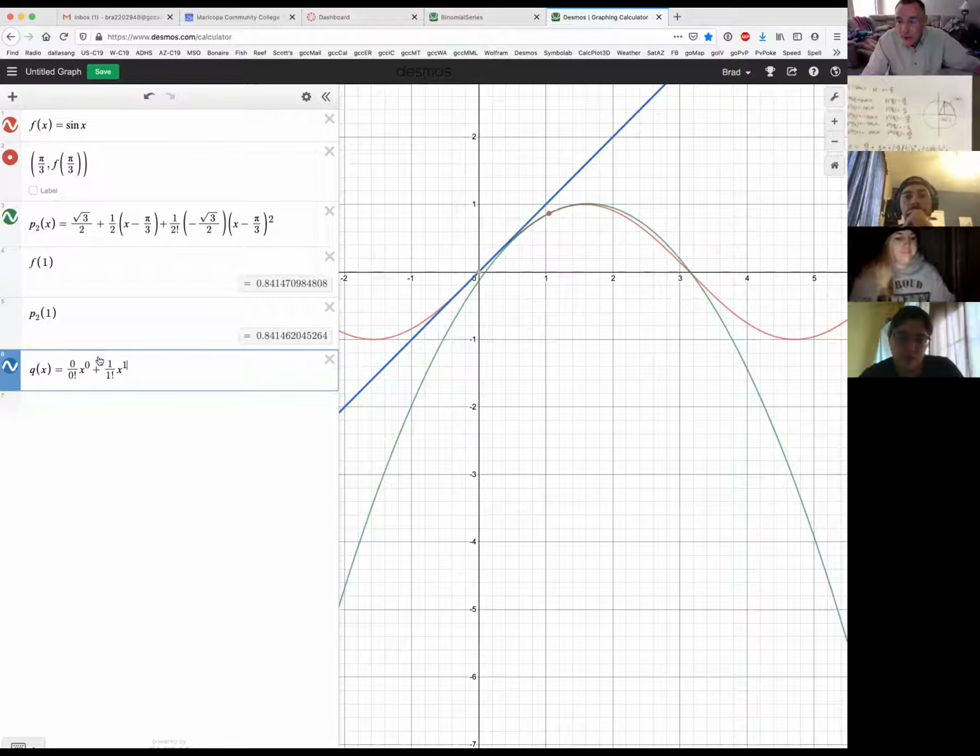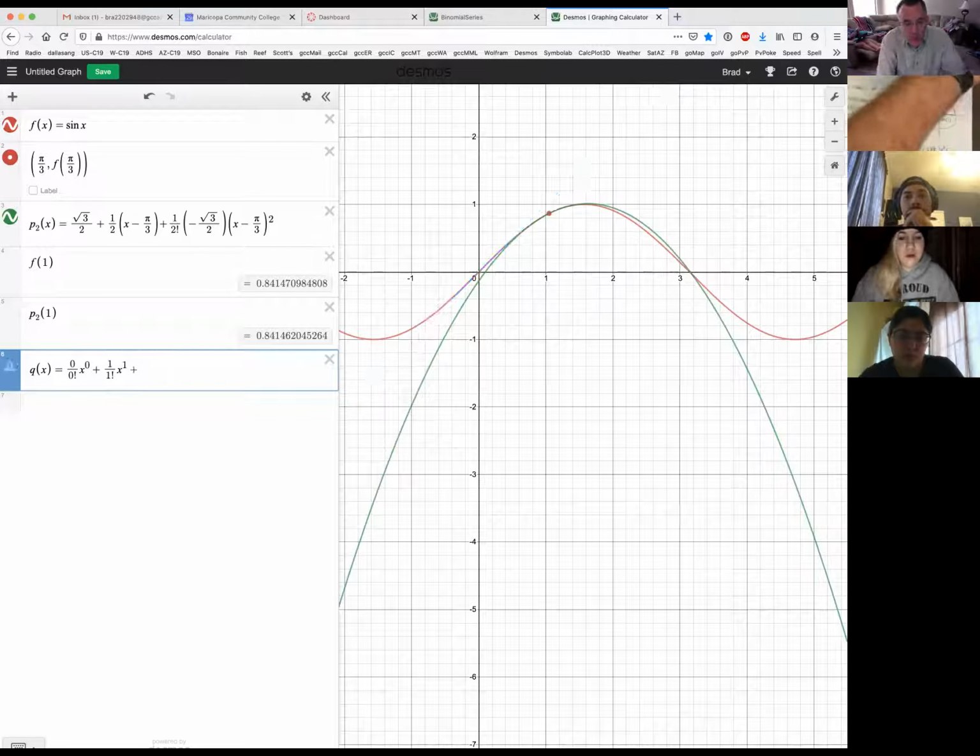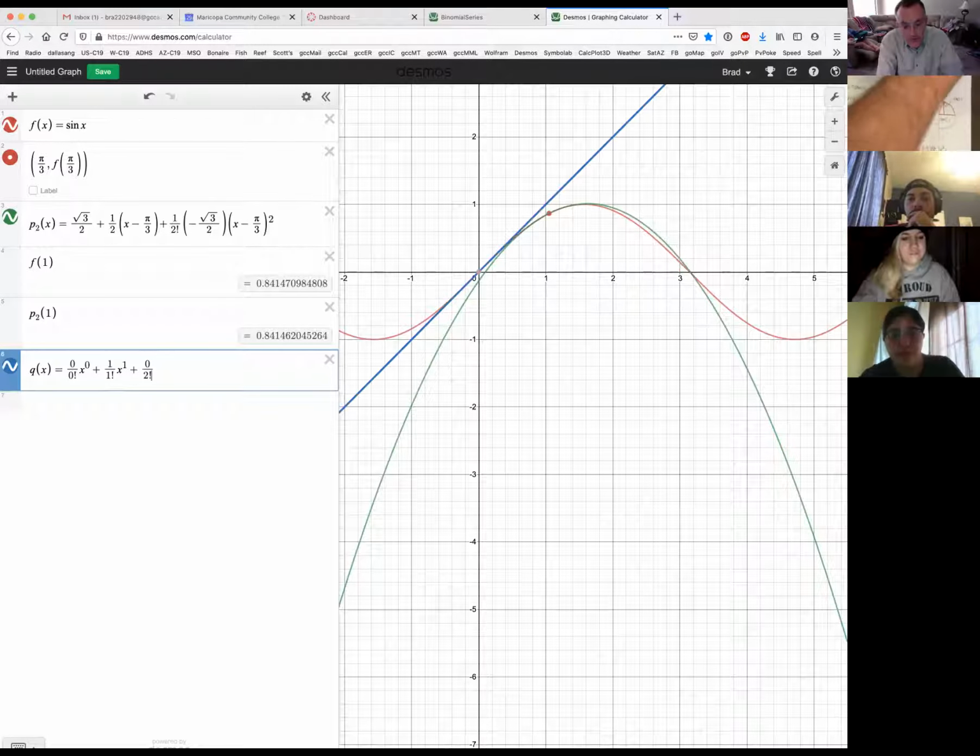And now we've got our tangent line. And then what's the next one? We stick in 0 and we get minus sine 0, which is 0, over 2 factorial x squared. Okay, and that didn't do much.